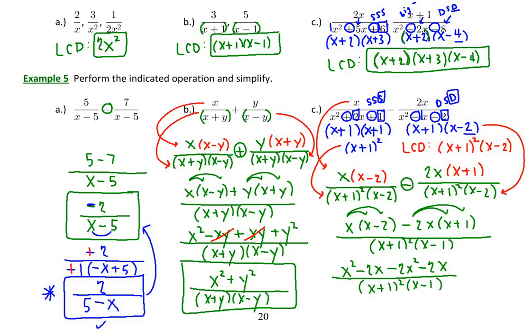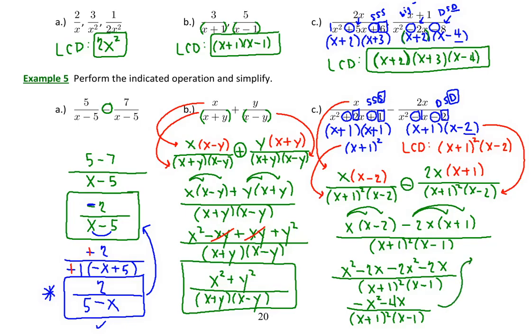Simplifying our numerator, combining like terms, we're going to end up with negative x squared minus 4x over our common denominator, x plus 1 squared times x minus 2. That's pretty good, but notice the numerator can be factored. There's a greatest common factor there. So we always want to present our answer in factored form because that shows you if it's reduced or not.